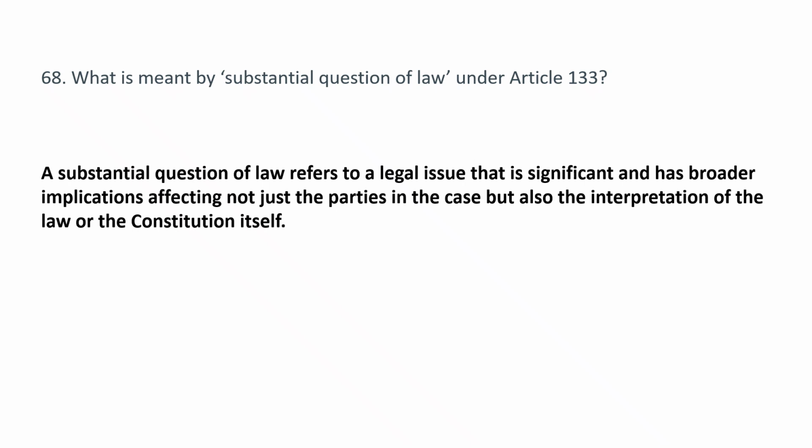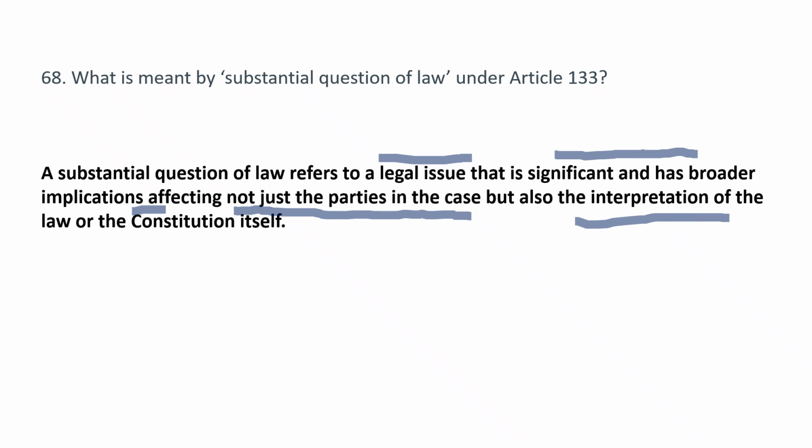A substantial question of law refers to a legal issue that is significant and has broader implications, affecting not just the parties in the case but also the interpretation of the law or the constitution itself.